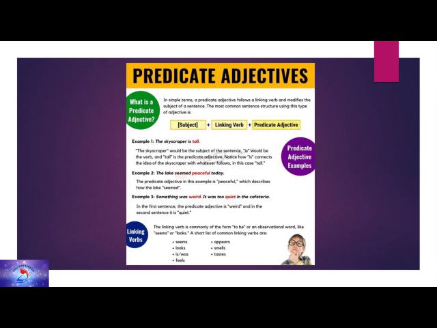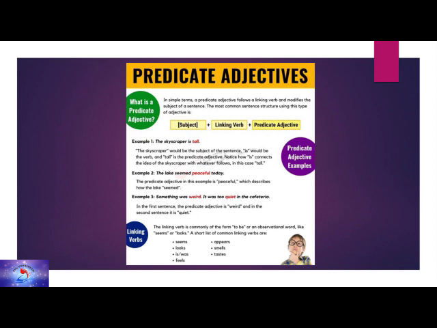The skyscraper is the subject of the sentence, is is the verb, and tall is the predicate adjective. So notice how is connects the idea of skyscraper with whatever follows, in this case tall. So the linking verb comes in between the predicate adjective and the subject.